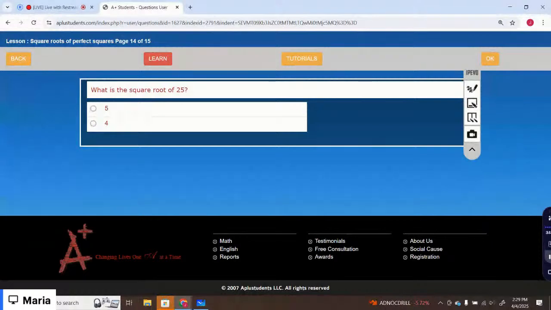What is the square root of 25? Okay, you can complete what is the square root of 25.